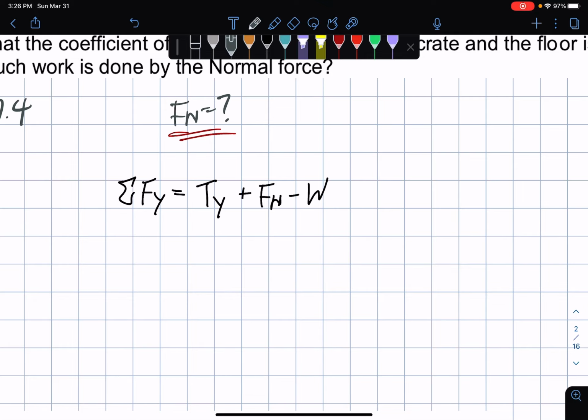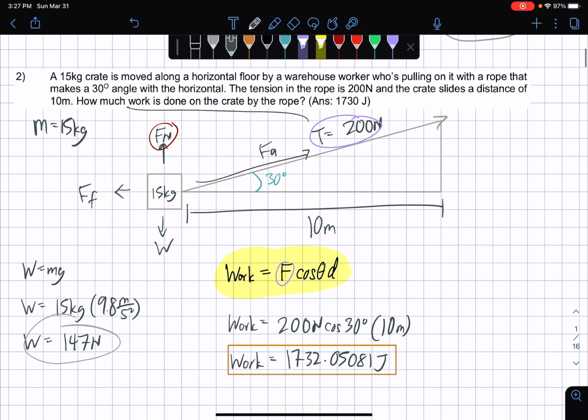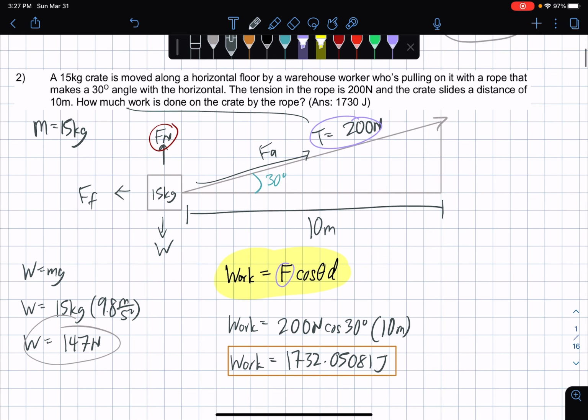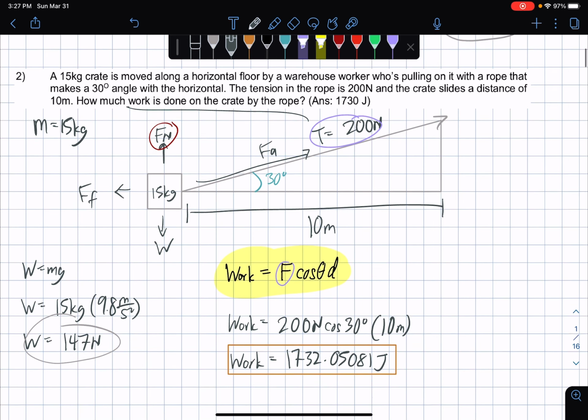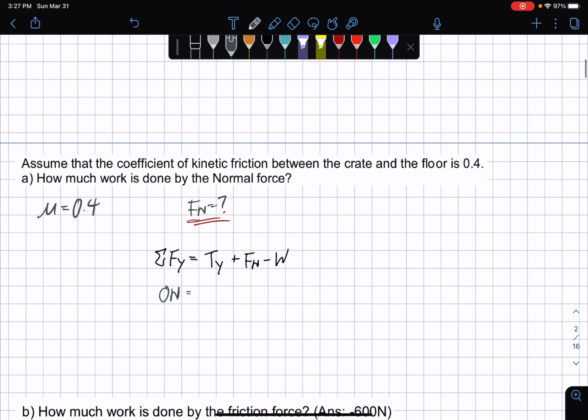Okay, so the summation of Fy, it is implied in this scenario that the summation of forces with respect to the y-axis is equal to 0 newtons. There are no forces being applied right now. Although the object is moving, possibly. Yeah, it did move since we have a distance value.